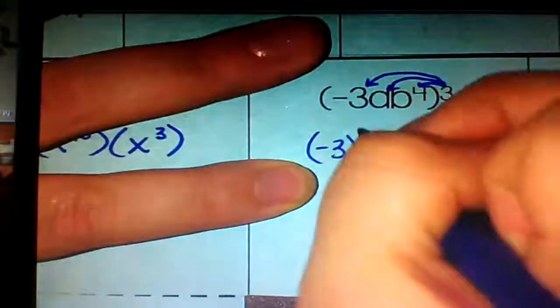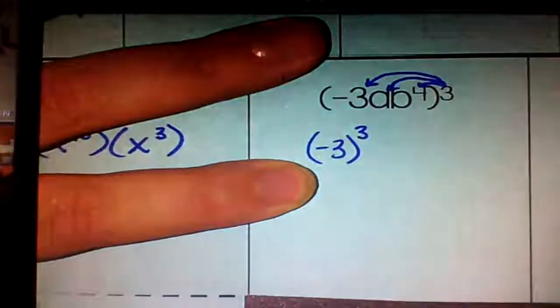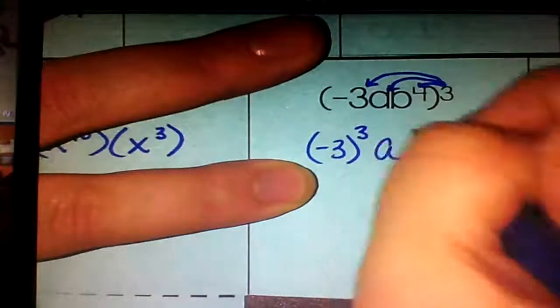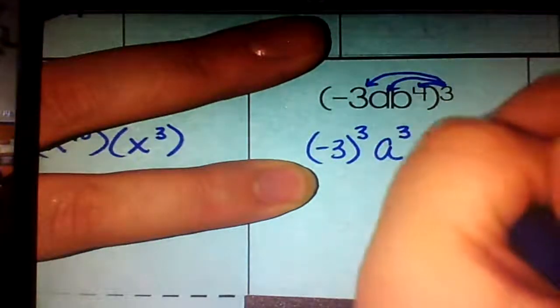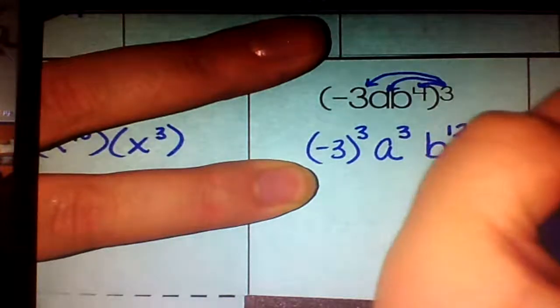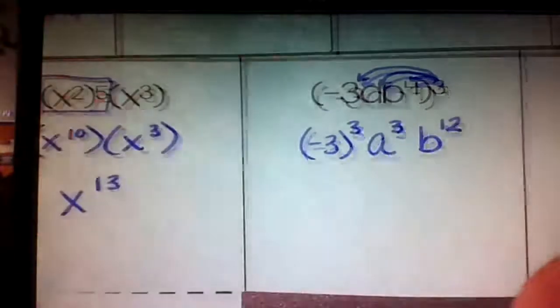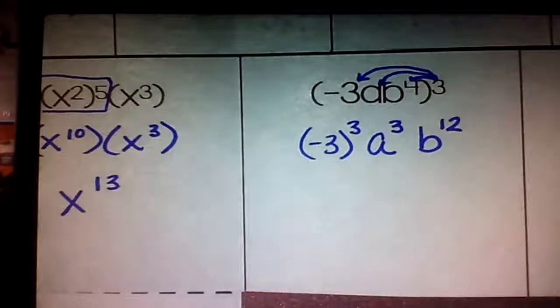So this is -3 to the 3rd, a to the 3rd, b to the 12th. Remember, if there is no exponent written there, there is an unwritten 1. Just like if I have x, it's 1x. Even though I don't write that 1 there, there's a coefficient of 1. There's always an exponent of 1.